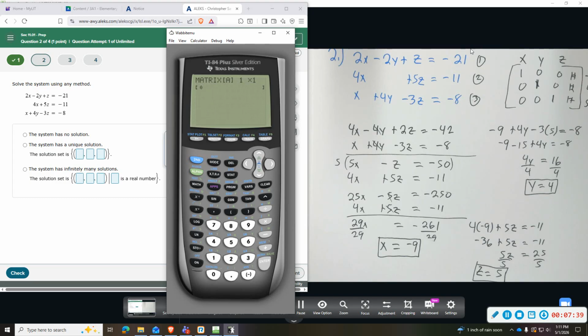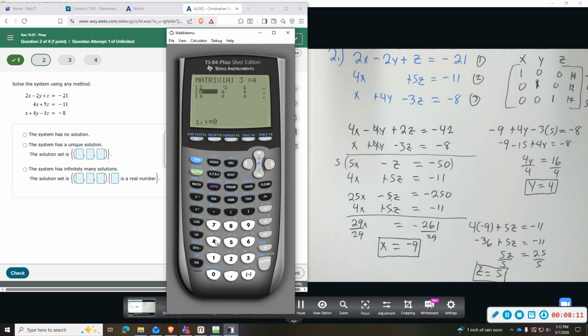Now this time we got 3 equations, so 3 rows, and we have 1, 2, 3, 4 columns. So this is going to be a 3 by 4. We're going to put the coefficients in, double check, make sure you don't type the wrong number. That's the most common error. Type a 2, negative 2, a 1 for the z, understood to be a 1 as a coefficient in front of there, and then negative 21.